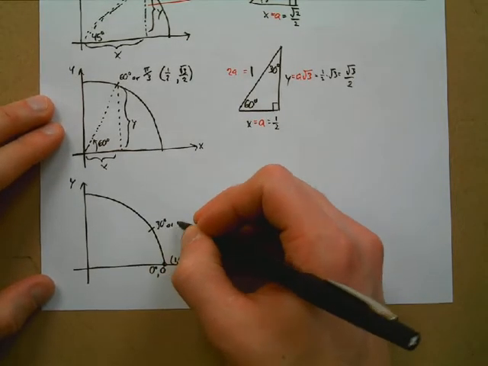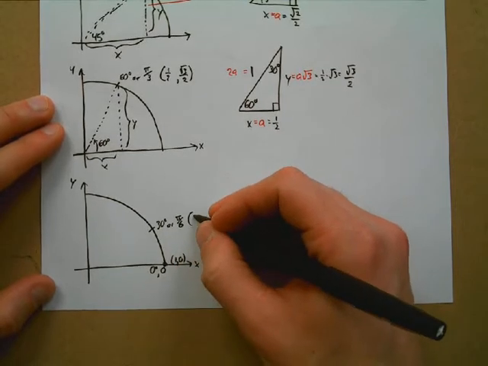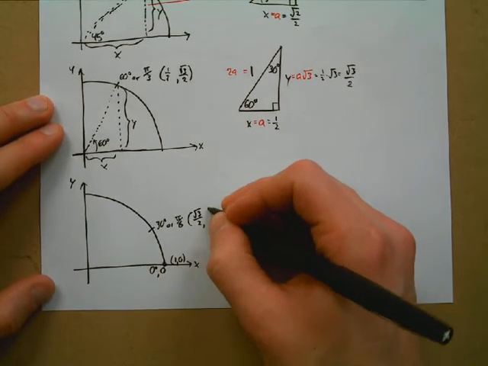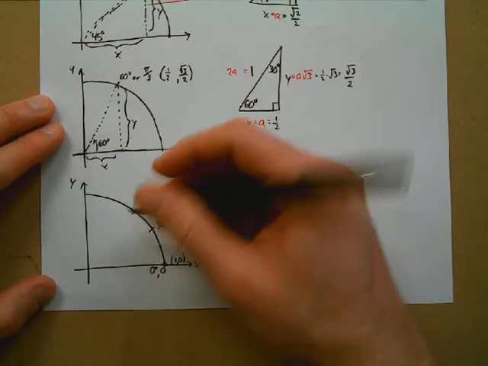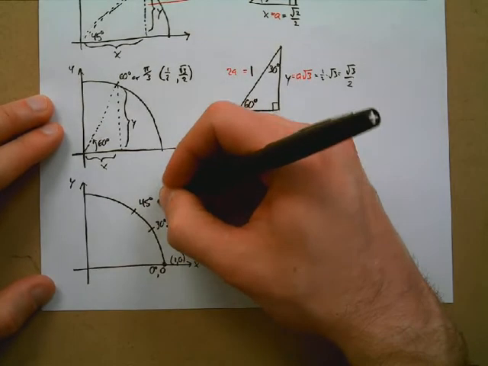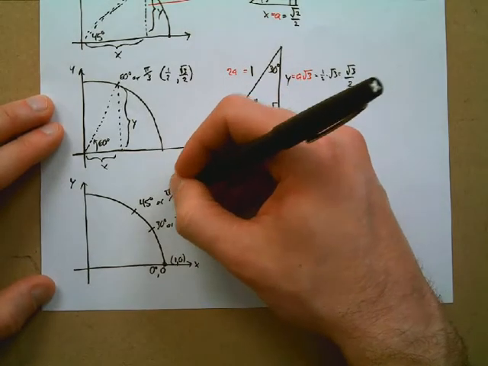And then at 60 degrees, or pi over 3, we've got 1/2 comma root 3 over 2. And then finally, at 90 degrees, or pi over 2, we have the coordinates 0, 1.